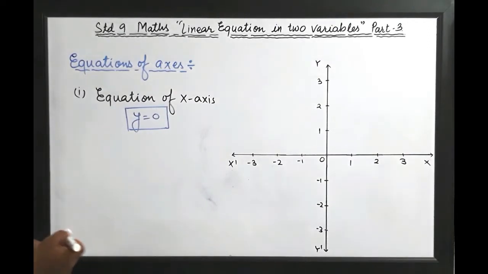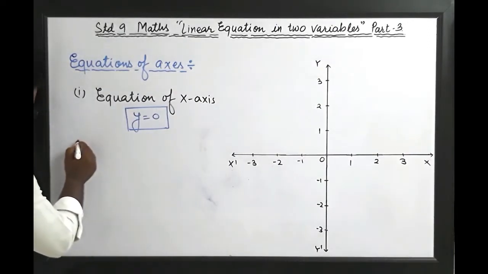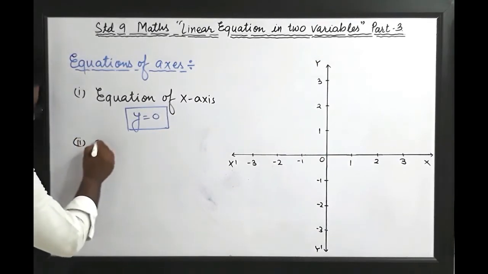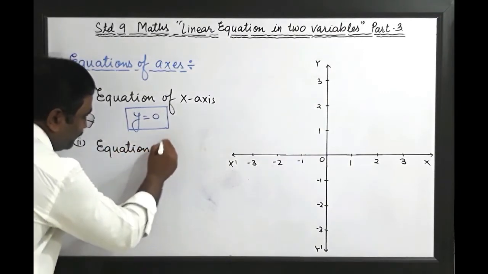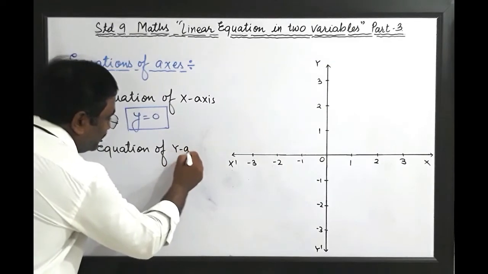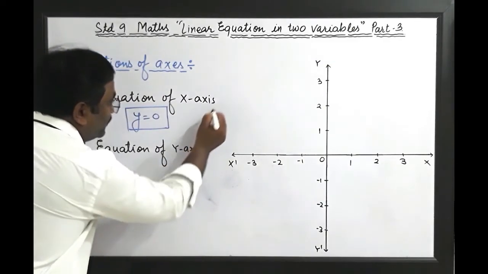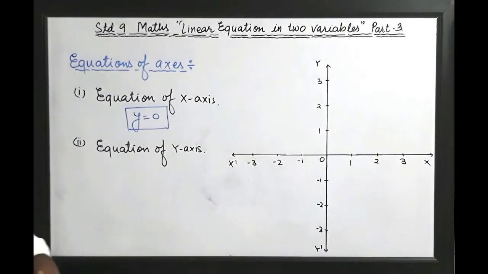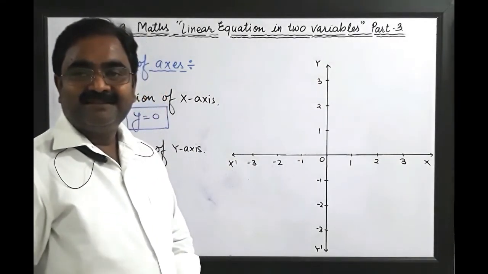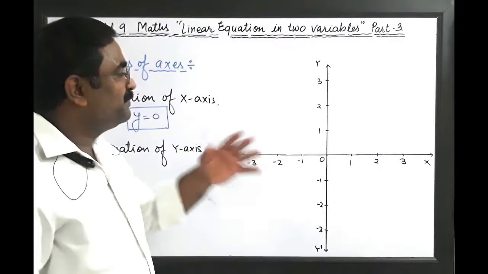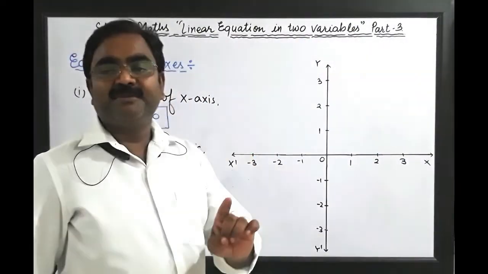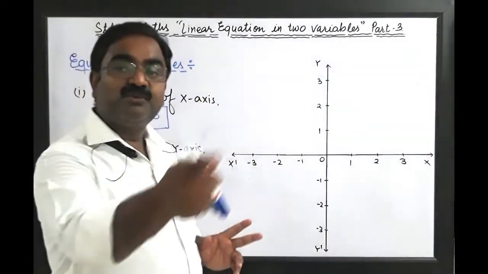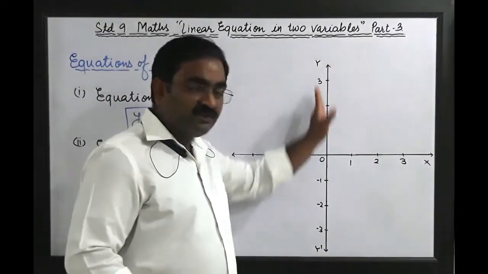Similarly, you can get the equation of y axis also, meaning the vertical line. When you write the coordinates of any point on the y axis, the value of x is always 0. That is, the coordinate of x will always be 0 on the y axis.